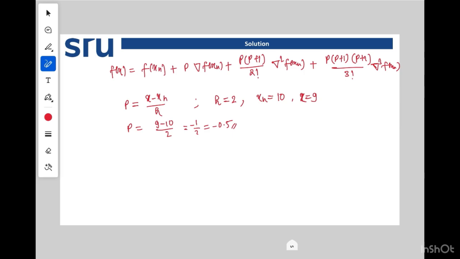So you can substitute all these values in this formula, and you will get f of x.